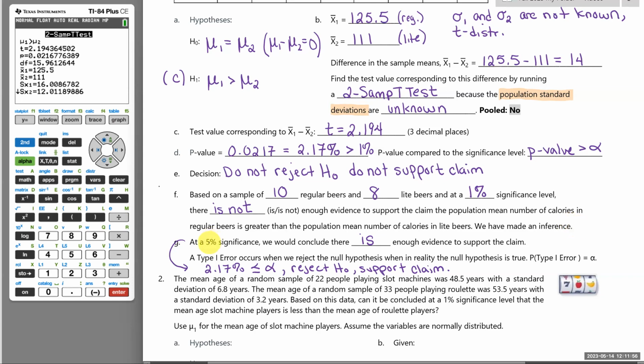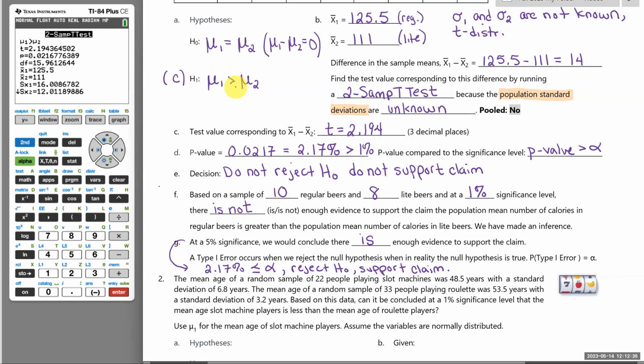So at a 5% significance level, there's a 5% chance that I just made that thing called the type 1 error versus a 1% chance of making an error in the above. But the results of the test, the decision was different at these two levels. So there's kind of a lot of different components that play into hypothesis testing, but I did just want you to see that the alpha is making the determination here as a threshold for what you consider strong evidence against your null, and therefore strong evidence you should support your claim.